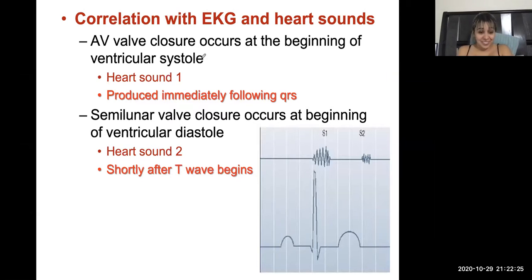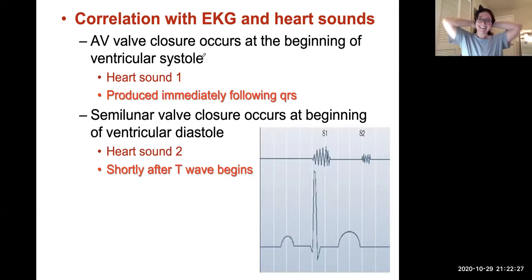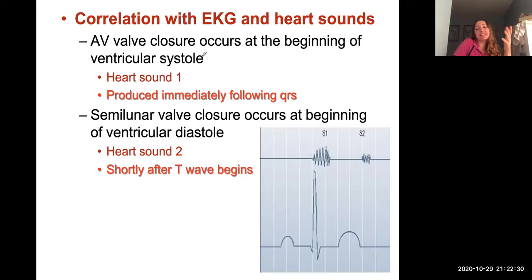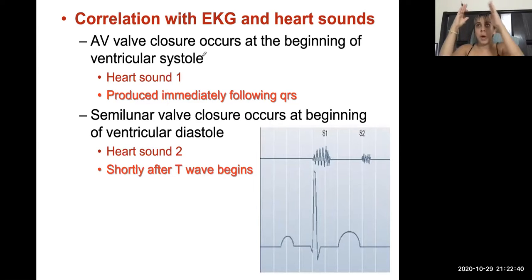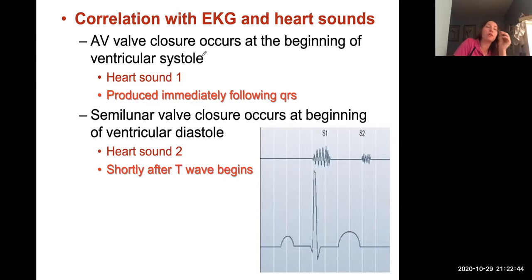So we're going to talk about this later again, but basically on the EKG, this is when you're hearing the heart sound. So the first heart sound is what? AV valve closure. And when the AV valve closes, what happens?